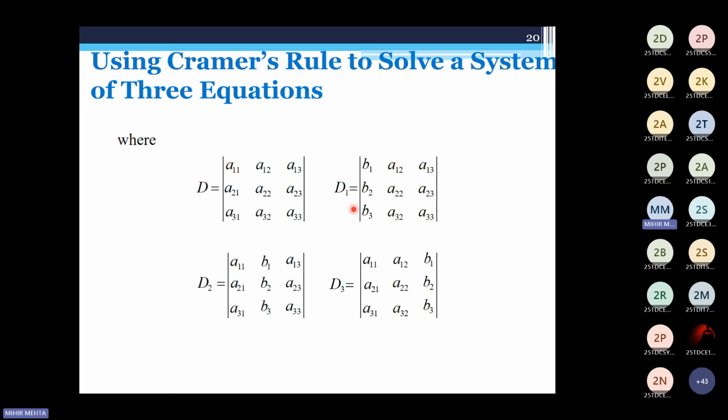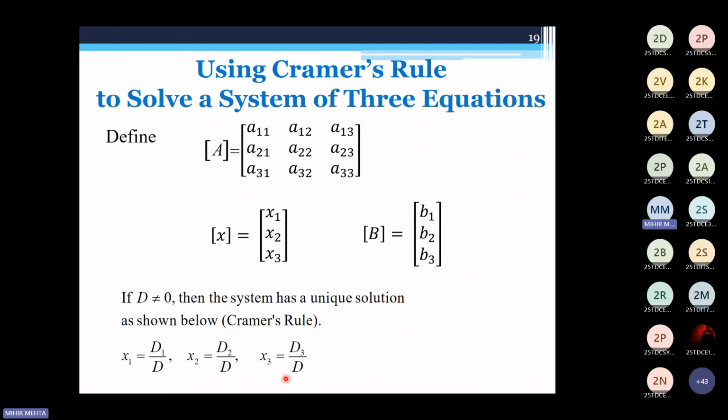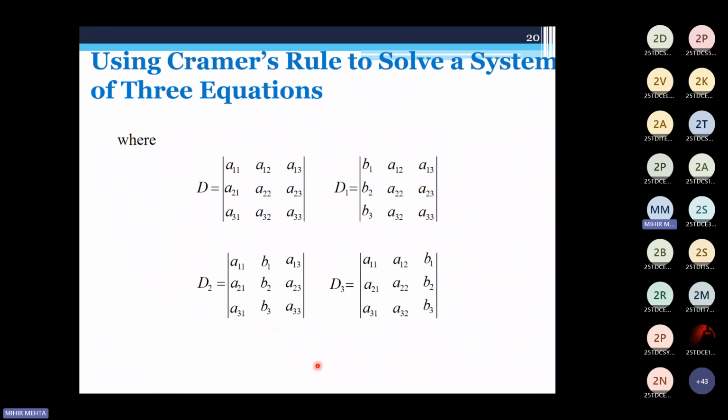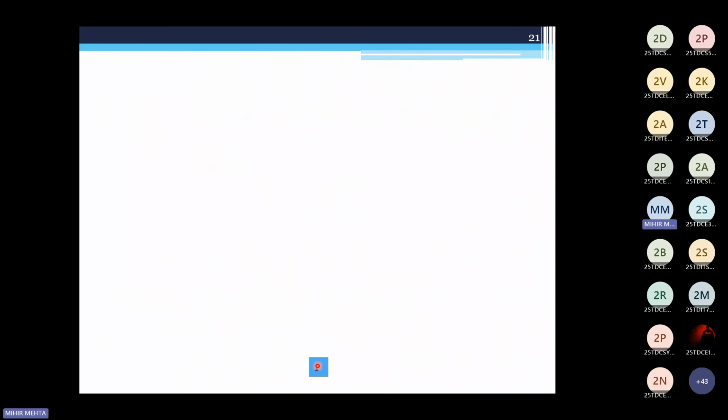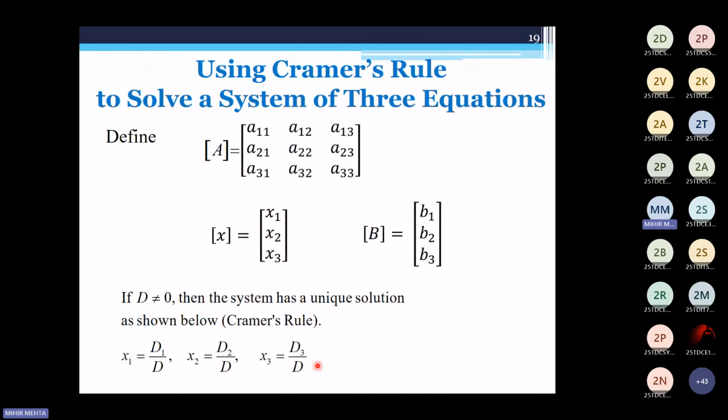So when you do D1 by D, that gives you the value of X1. Similarly, D2 by D will give you the value of X2, and D3 by D will give you the value of X3, which is mentioned here. Just by doing this, you can figure out the values of X1, X2, and X3.